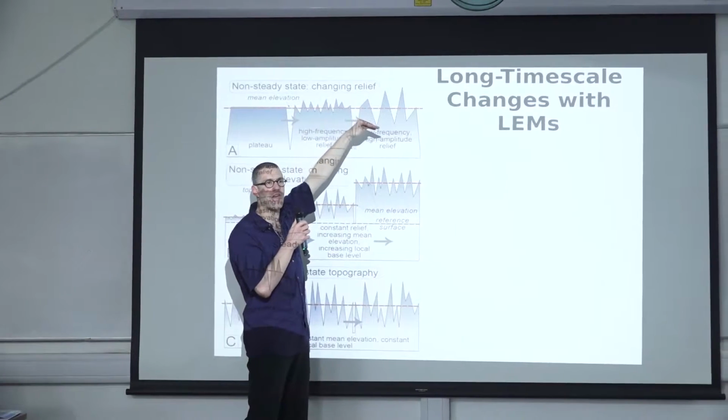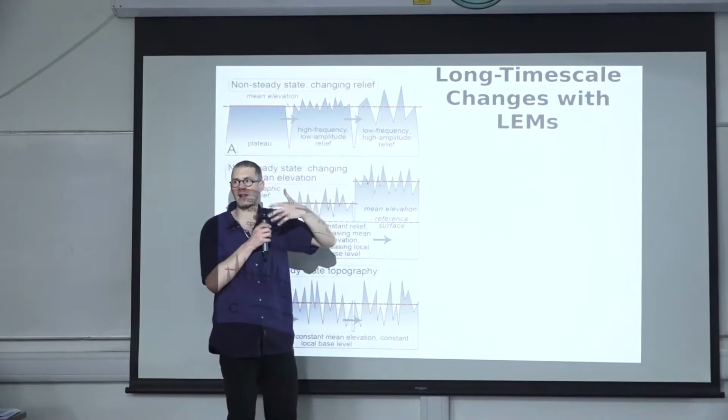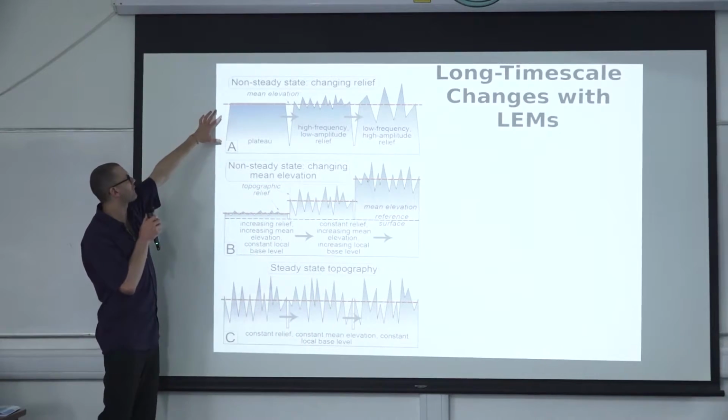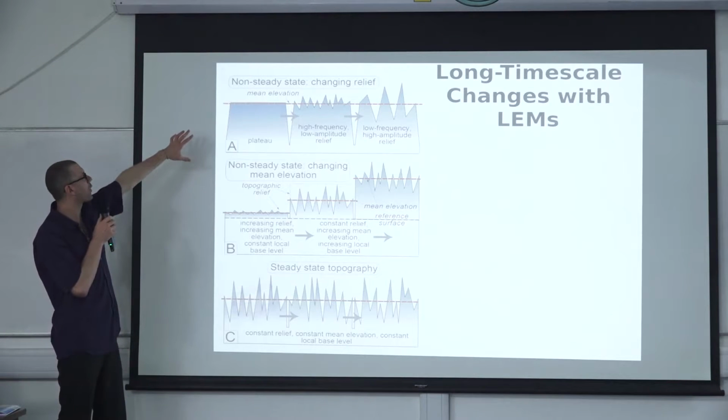So the mean, the average of it, still remains the same. And then the question is, can a landscape evolution model capture that? This is what we often refer to as the topography that is rapidly changing.